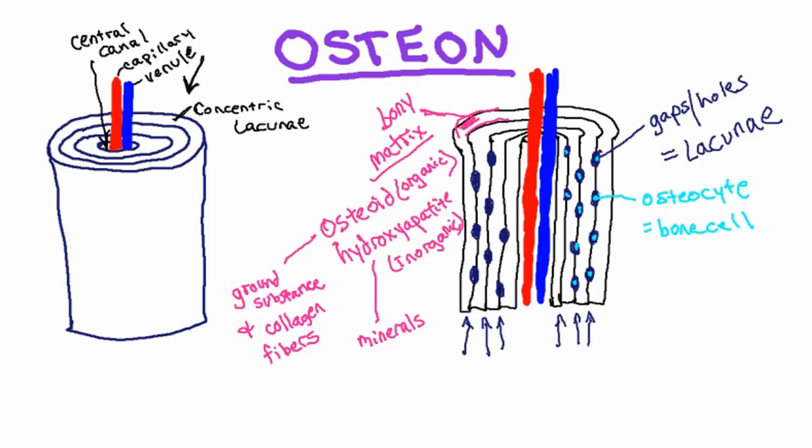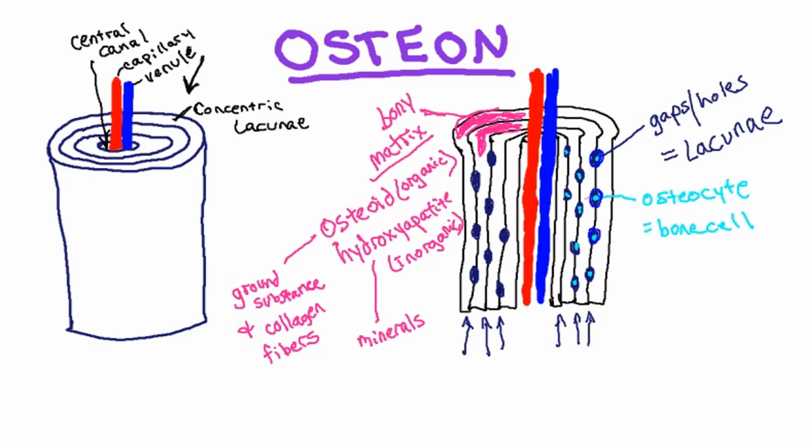So that's in all of this lamella, these layers that go around in concentric circles. And then in between the concentric layers of the lamella are those lacuna, and inside the lacuna are the osteocytes. Now here's one more thing about the osteocytes living in those little rooms in between the layers of lamella. The osteocytes, they have little hands.